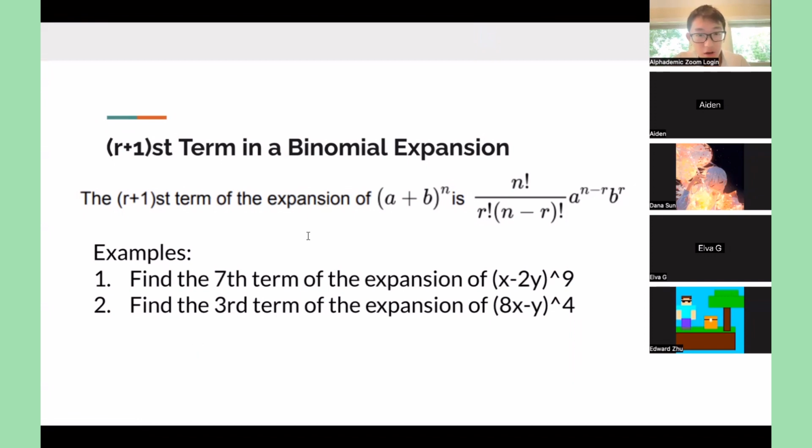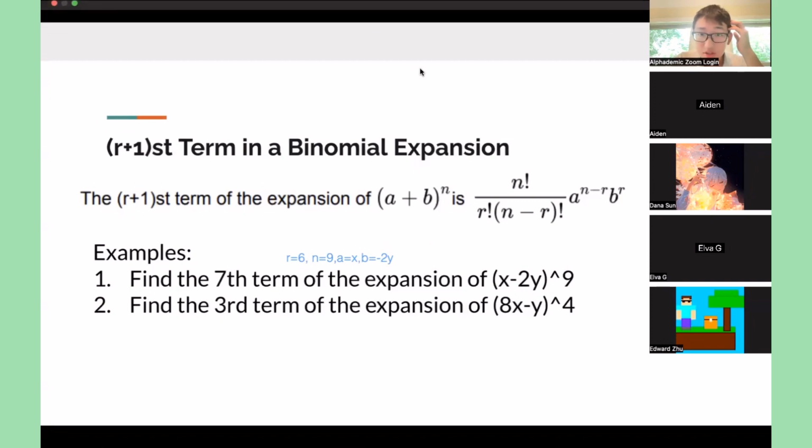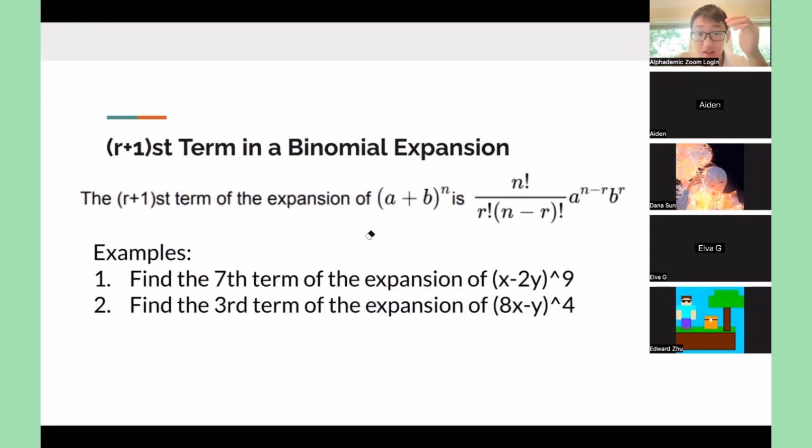In this case, r would equal 6, n would equal 9, a would equal x, and b would equal negative 2y. Then after you've determined all of these values, you would just plug it in and solve. And that will give you the 7th term of the expansion of x minus 2y to the 9th power.